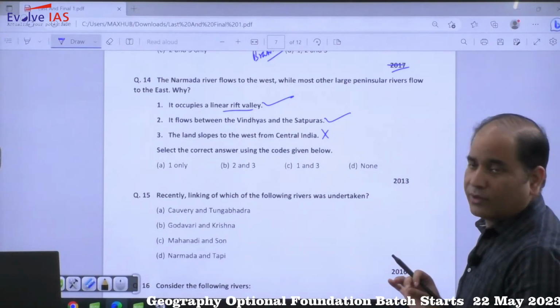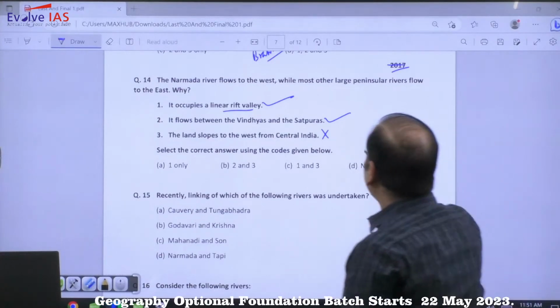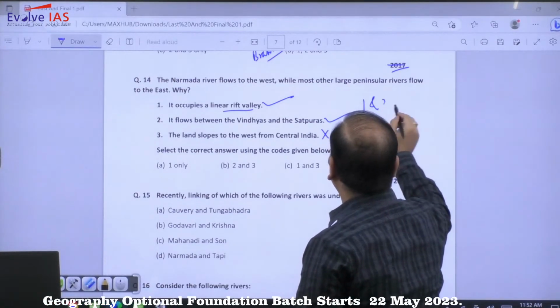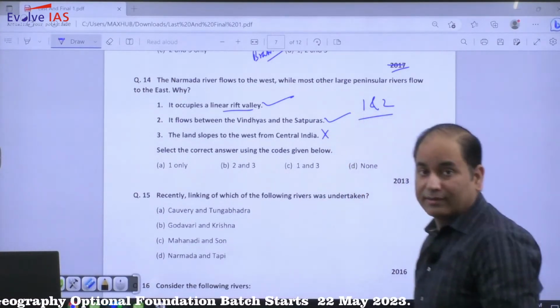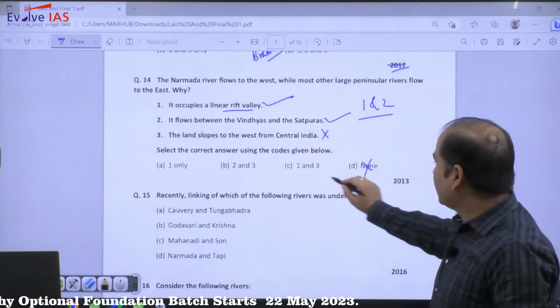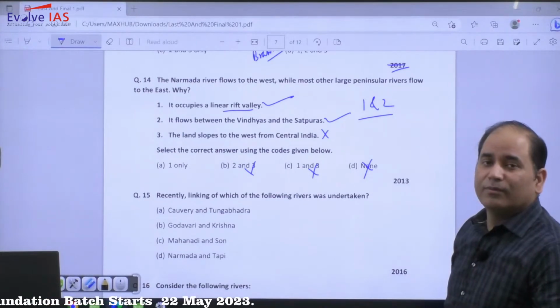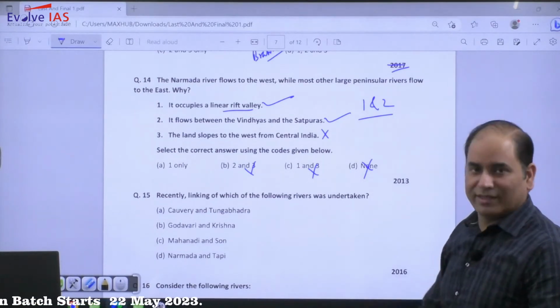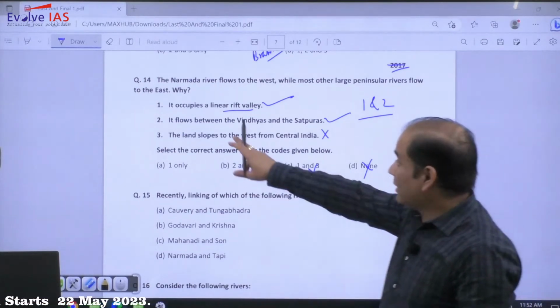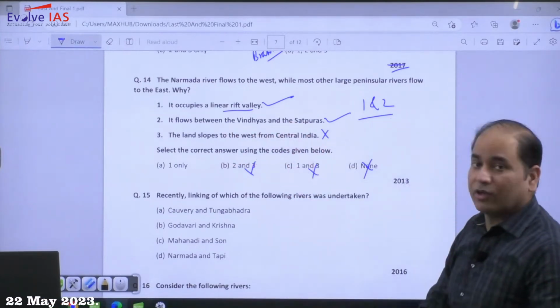So in this case, the right answer should be 1 and 2 both being correct, but that option is not there; 1 and 3, 2 and 3 are not there either. We have only one option, and it is correct that it flows between the Vindhyas and Satpuras.